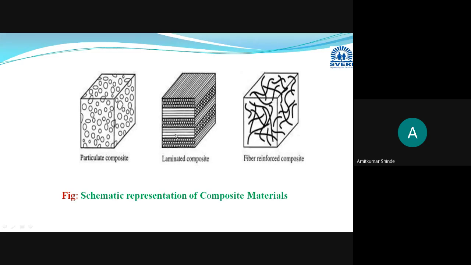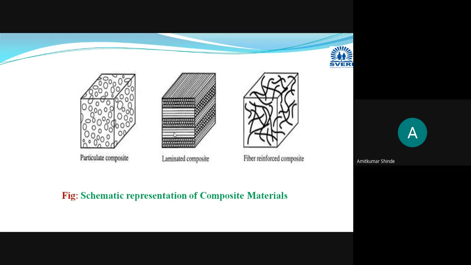Now you can take the example of laminated plywood, then aluminum alloy, and copper clad stainless steel. In the aluminum alloys, one pure aluminum layer will be provided.